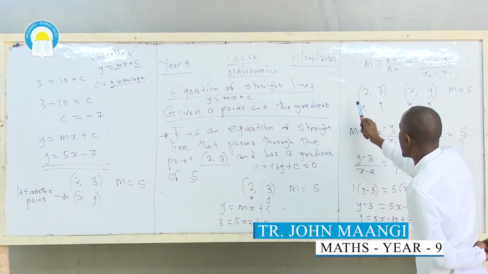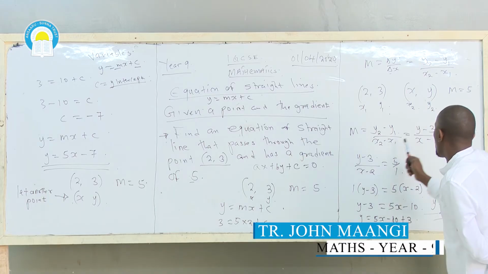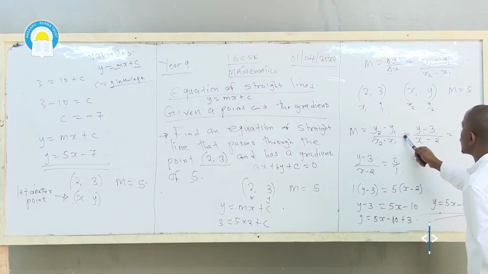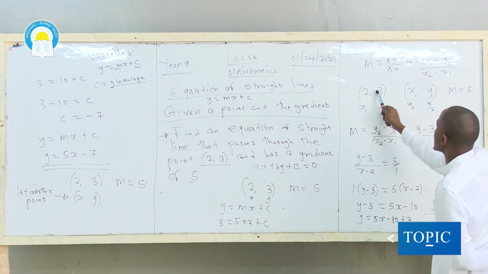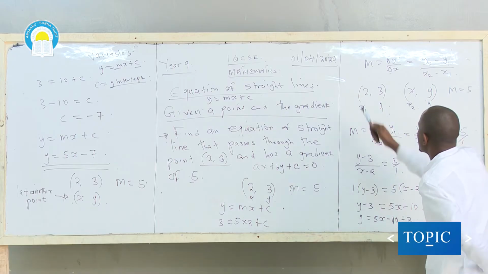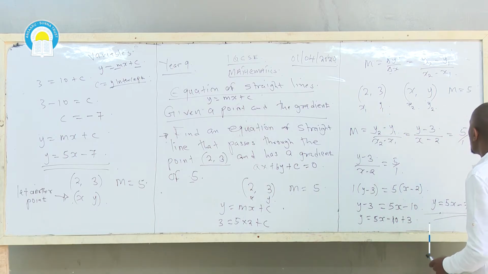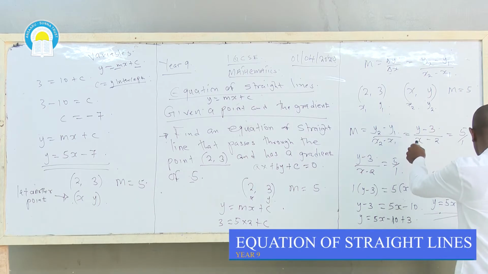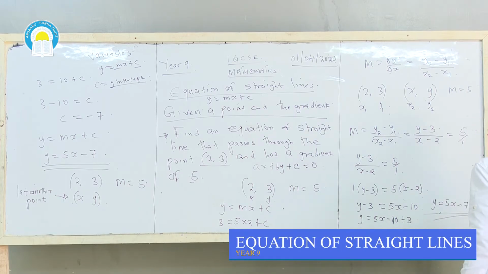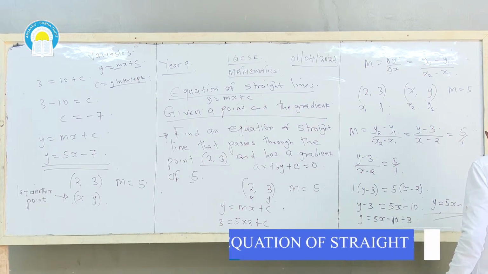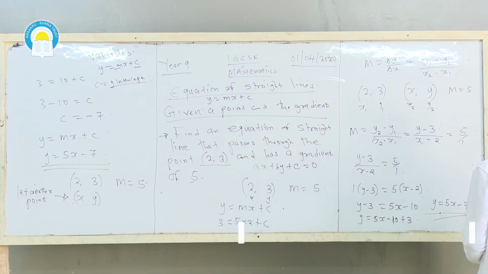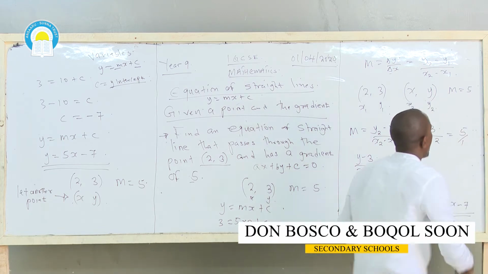This is our x1 and y1. Then when we substitute the values, y minus 3, then x minus 2. So when you subtract this, we say it is equal to 5.